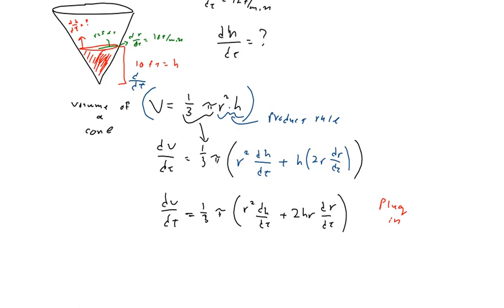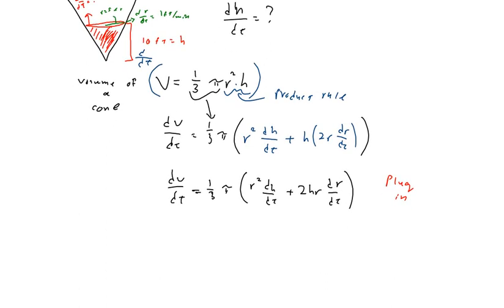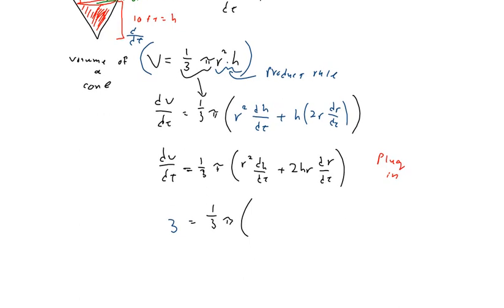So I'm going to plug in everything I know. 3 is going to equal 1/3 pi times r, whoops, r was 5 squared. dh/dt is the thing I don't know, so that's what we're going to find, plus 2 times h is 10, r is 5, and dr/dt was 1.